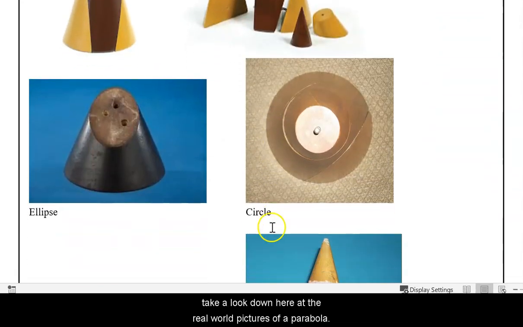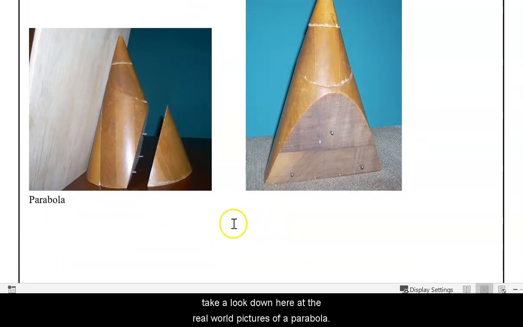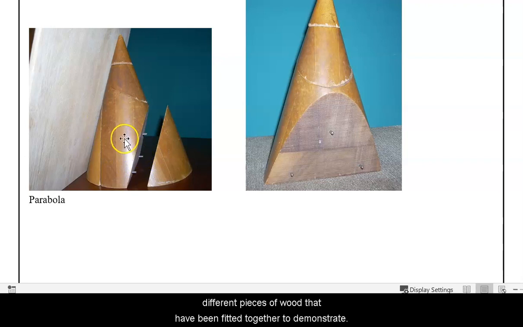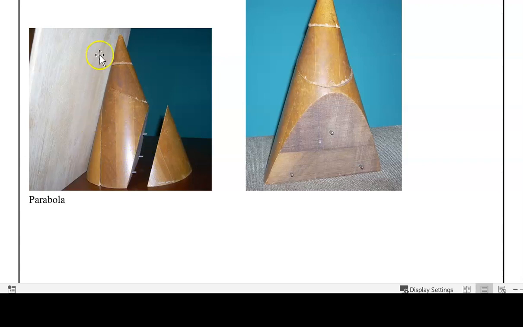Let's take a look down here at the real-world pictures of a parabola. You'll see here that this is the cone model consisting of different pieces of wood that have been fitted together to demonstrate. You'll see also off to the left side that there's a board here. Now, the board is leaning up against the single nap that we have here.